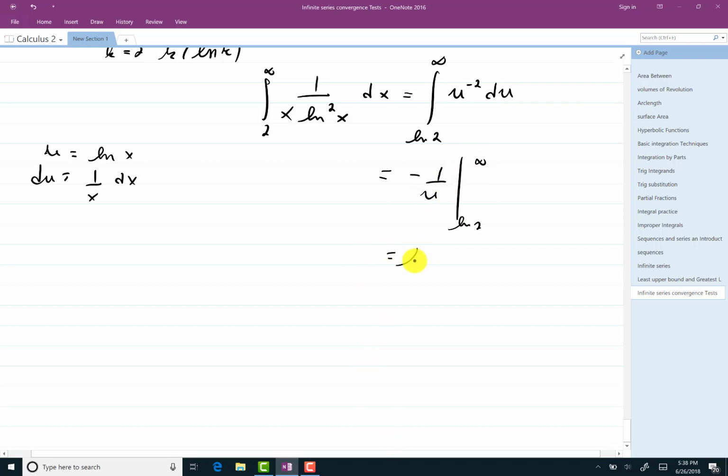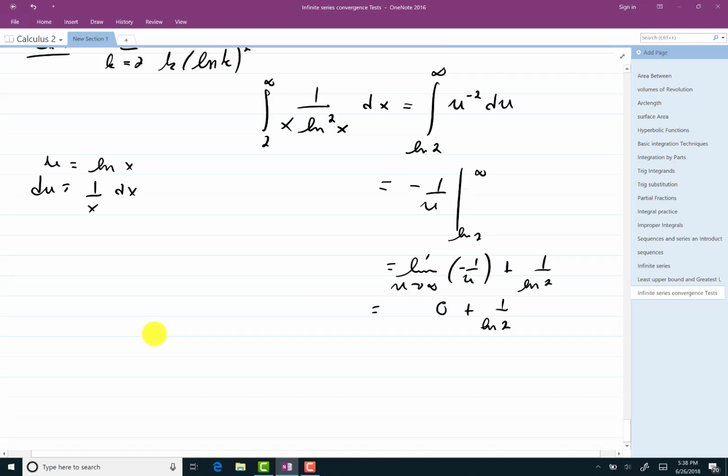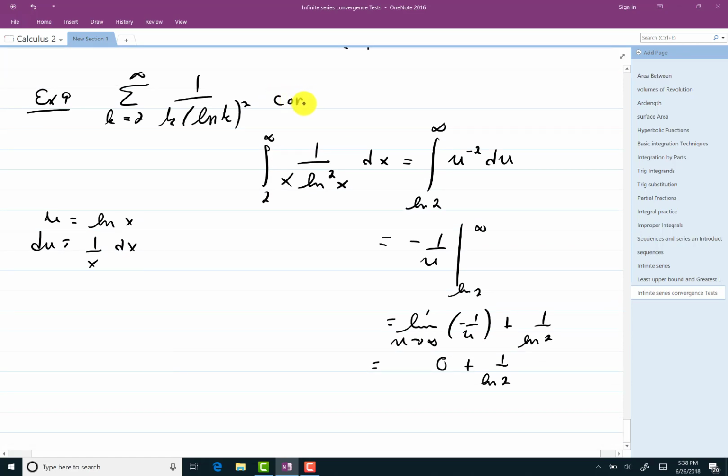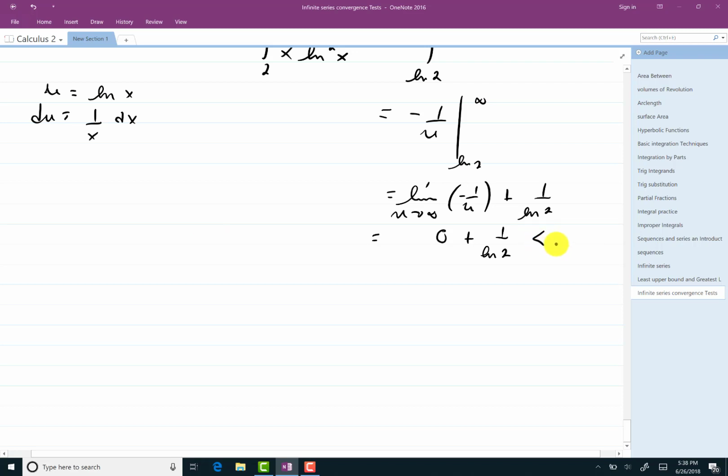So limit as u goes to infinity, negative 1 over u, plus 1 over ln 2. That piece is 0. I don't care that it actually adds up to 1 over ln of 2. The series converges. The series converges by the integral test. And this here probably just put after it less than infinity.